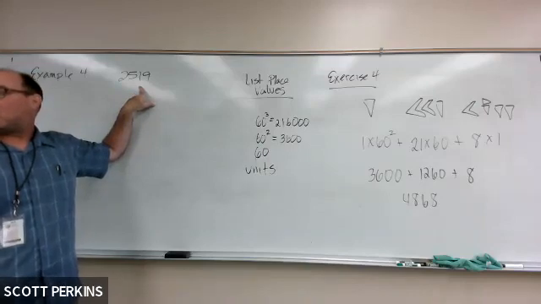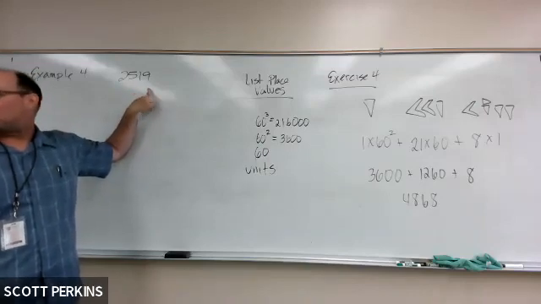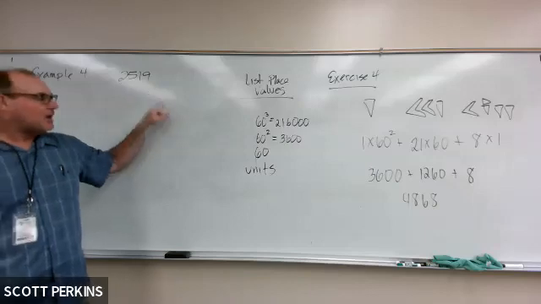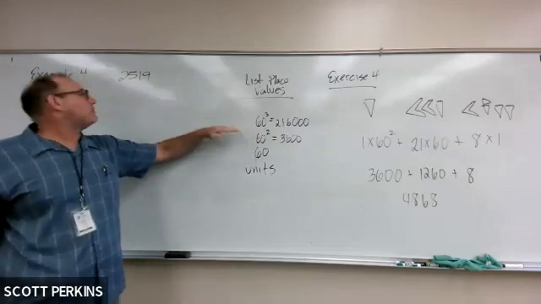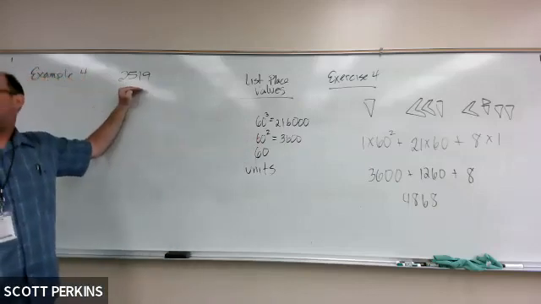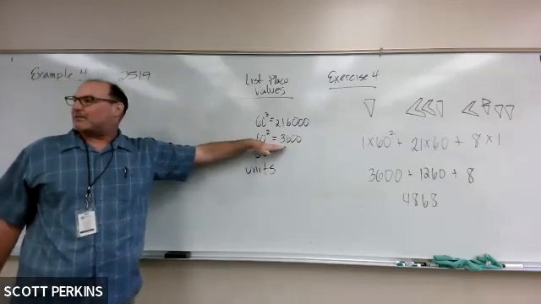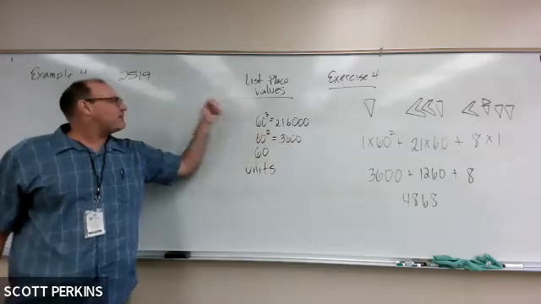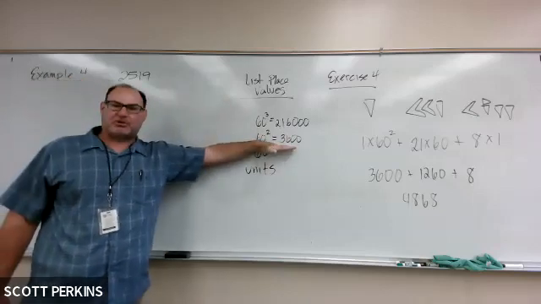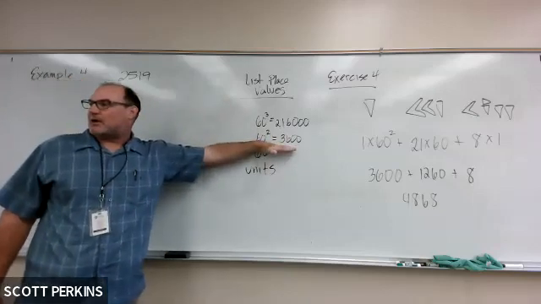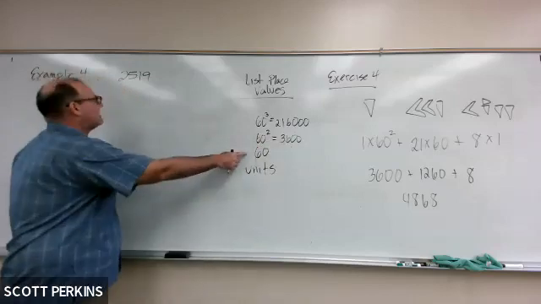Does 60 go in? We'll have some remainder, but I can divide 60 in. Can I divide 3,600 into 2,519? No, the place is too big. I do not have enough things that I'm counting to make a full 60 squared. So where we're going to start on this one is groups of 60.